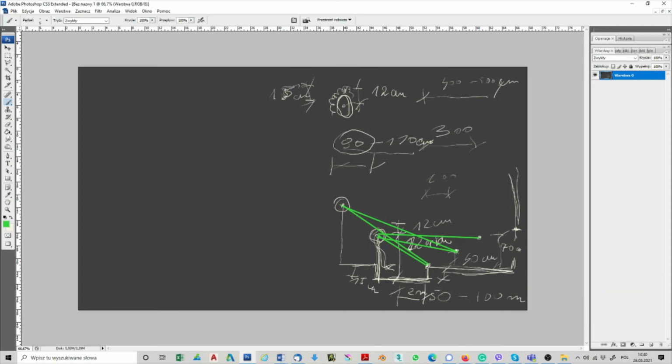If the visibility line to the point cuts the circle of the radius of the head, then we require additional height. So the next height that I am using is 30 centimeters.